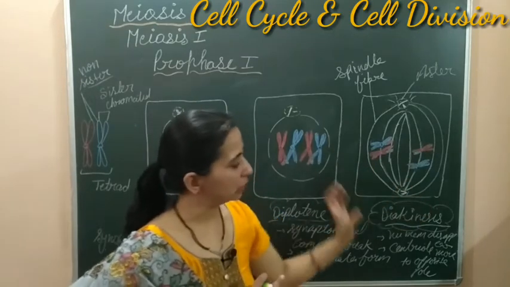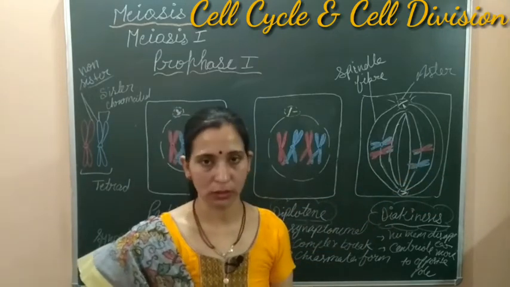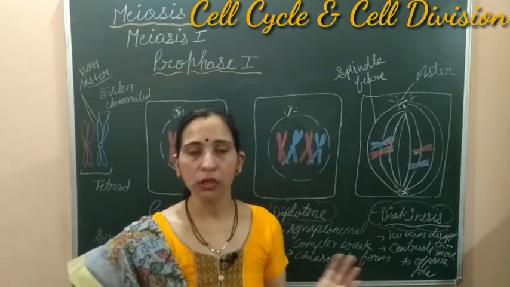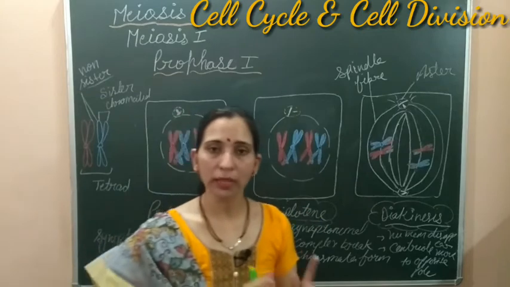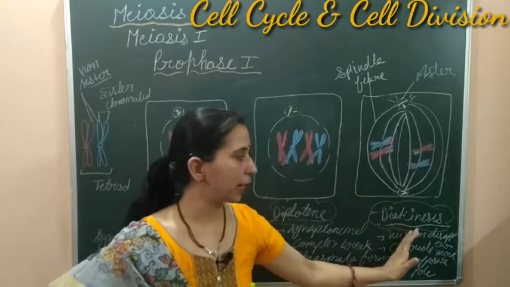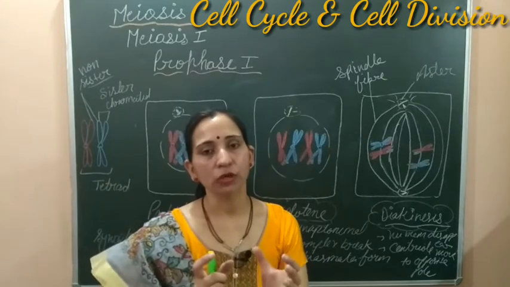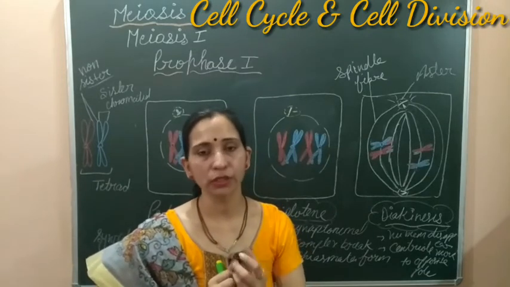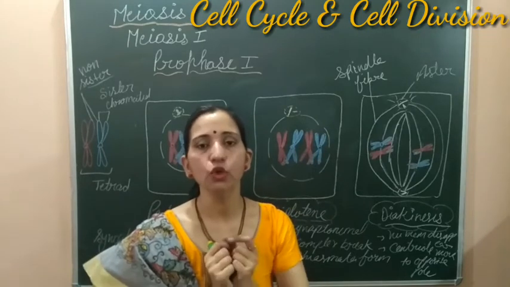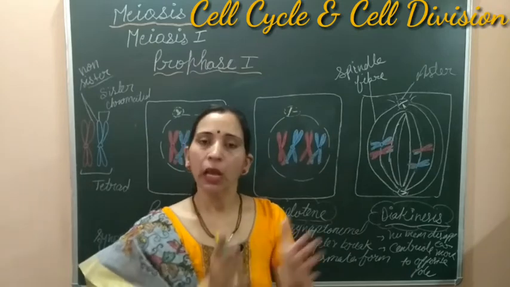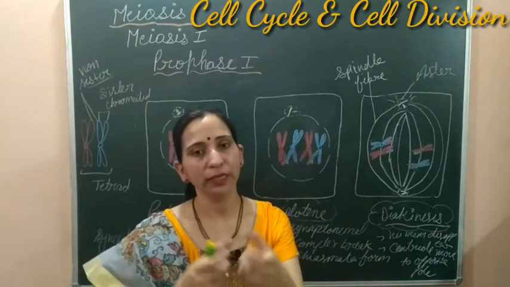So up to now, we have discussed all the changes that happen here in prophase 1. What are the complete changes? Prophase 1 is divided into 5 subphases: leptotene, zygotene, pachytene, diplotene, and diakinesis. In the leptotene, we saw that condensation starts, the bouquet stage will form, and the condensed chromatids get attached with the nuclear membrane. Attached रहते हैं. In the zygotene, we saw that the homologous chromosomes start pairing with each other.